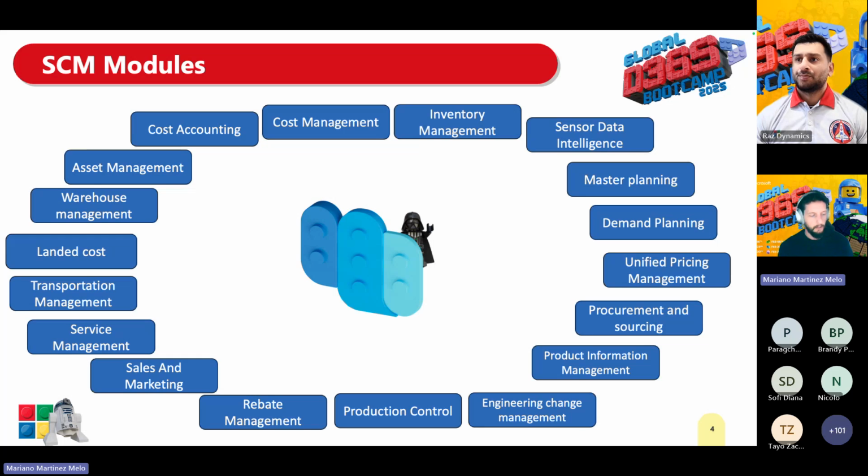Service management works alongside project operations or project management, which is not part of the supply chain module, but service management is to handle services in the field. It also connects with Field Service, which is part of the CRM proposal of Microsoft.